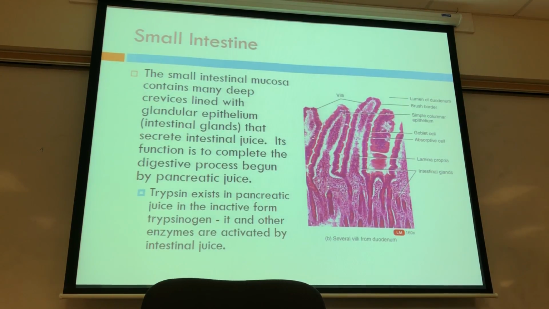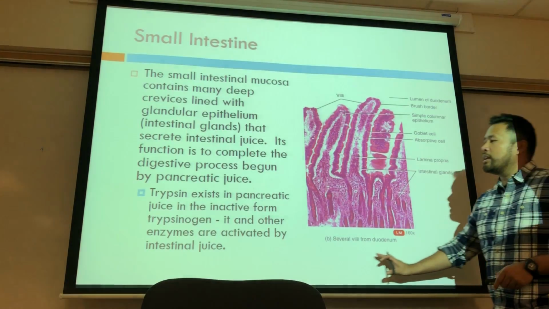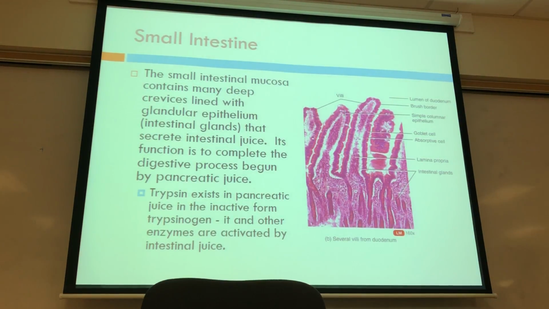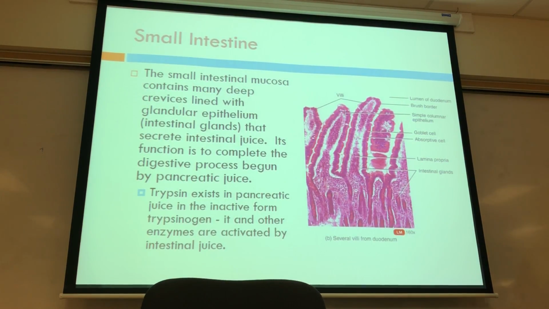These come in to assist in additional digestion. Here you saw trypsin. Trypsin comes in and allows for the breakdown of our proteins. They all get activated by stuff that's present in the intestinal juice, and that helps activate the catabolic breakdown of these proteins.